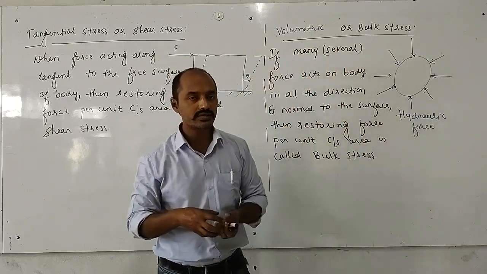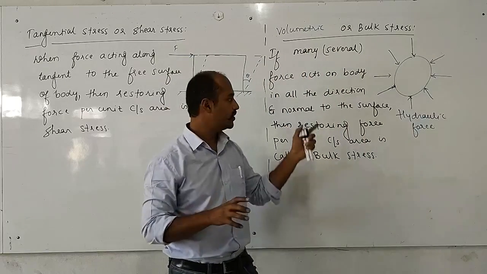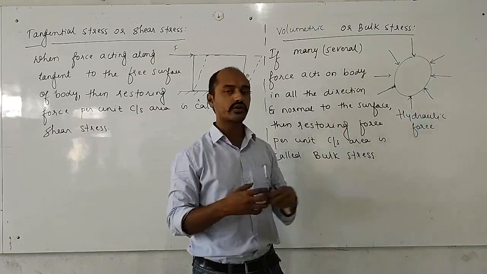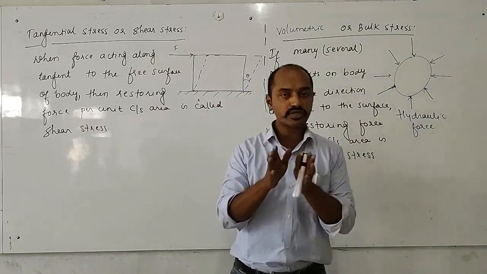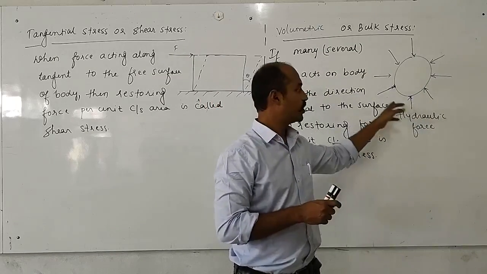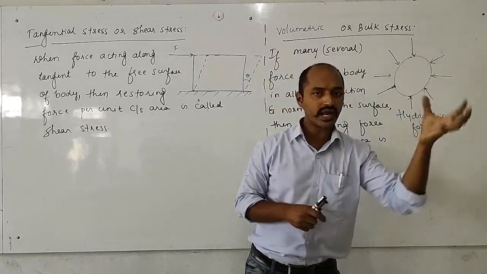So the bulk stress is the ratio of the internal restoring force to the cross sectional area, but these restoring forces come because of the hydraulic force. So what is hydraulic force?